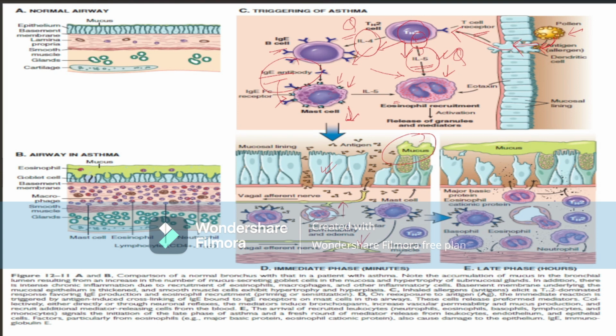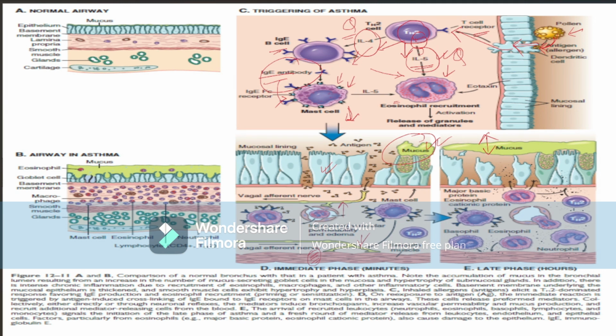This vagus nerve gets stimulated and spasms the muscle, constricting it and causing bronchoconstriction. This huge stimulation of the mast cell and goblet cell produces a huge amount of mucus, so there is a thick mucus layer in the respiratory tract.